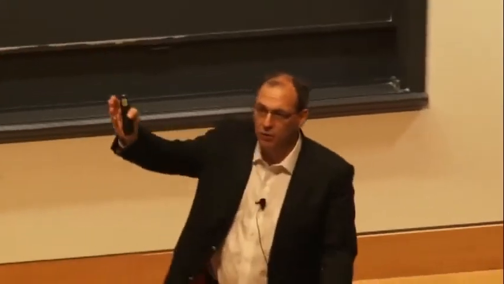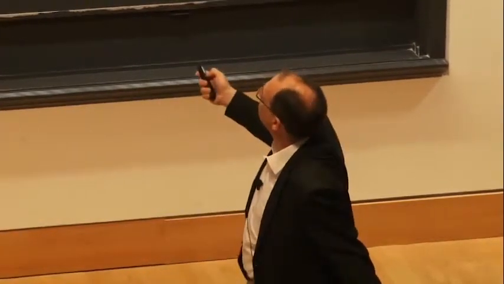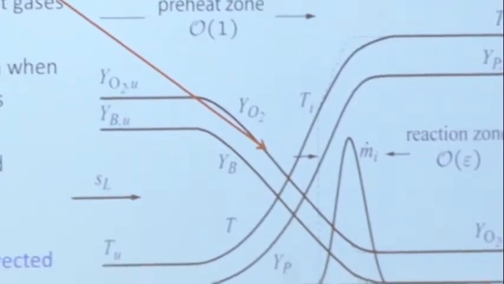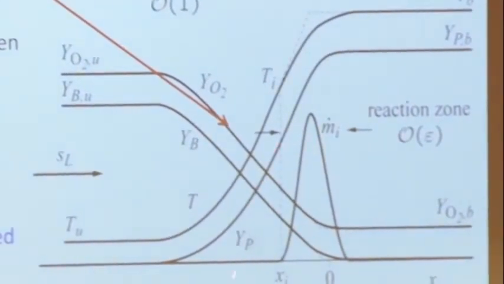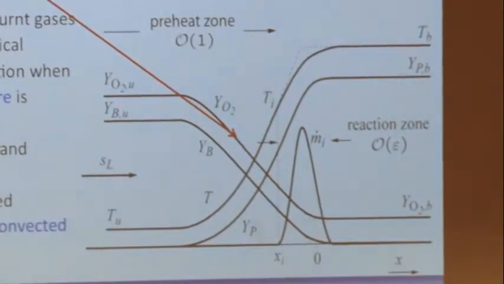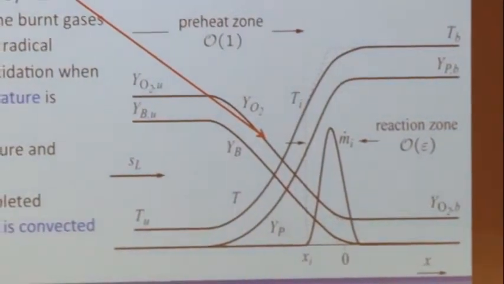At what temperature does the reaction rate go to zero? The point is it never really goes to zero. It just gets exponentially small. So if you have a one-step chemical reaction, you go to lower temperature, the reaction rate gets exponentially small, but never really reaches zero. But so you have to somehow artificially define this Ti.